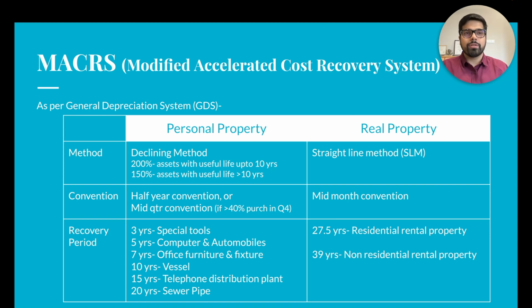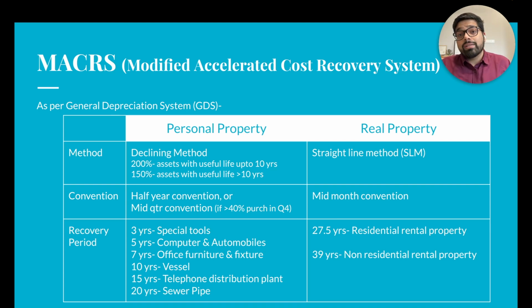What is the convention? Suppose I bought an asset in the month of May, the fifth month of the calendar year. The method says that you have to follow the half-year convention, which means it will be assumed you bought it in the middle of the year. Had I bought the asset in November, I'd still be able to claim depreciation starting from half of the year.